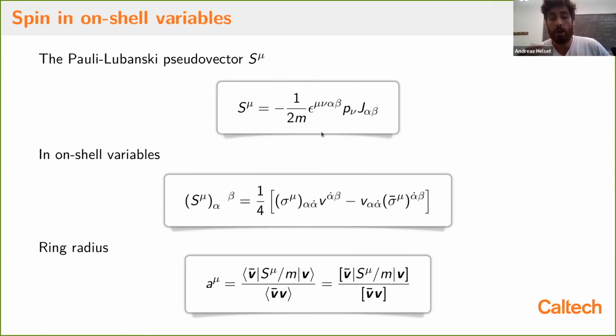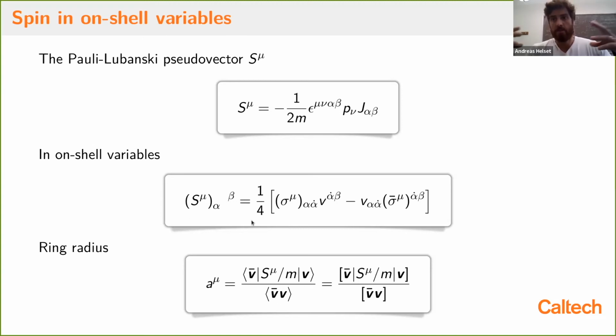So in terms of on-shell spinor space, this definition is this expression here. This v is coming from our choice of putting v here. And they have two open spinor indices, alpha, beta.